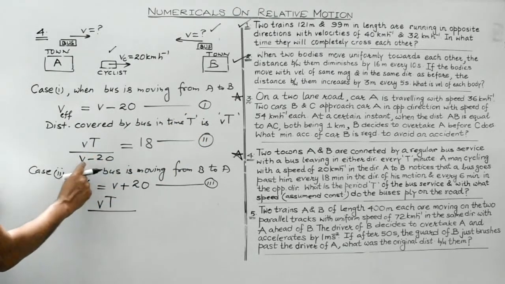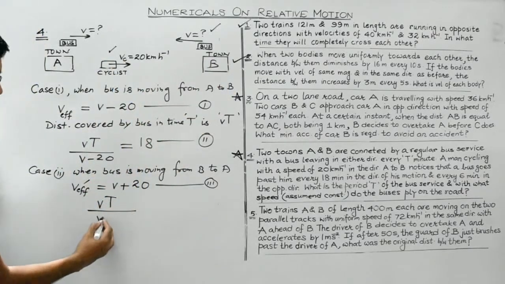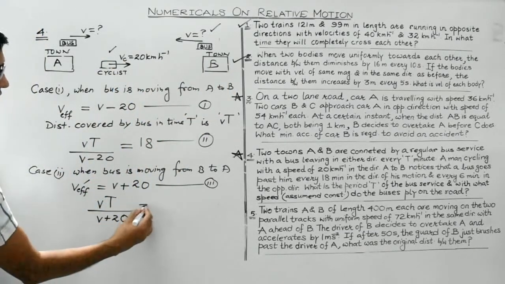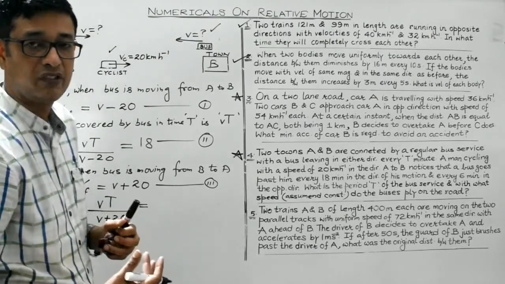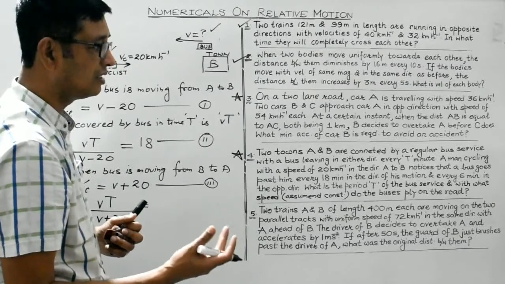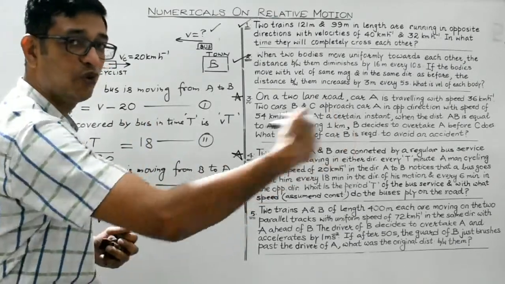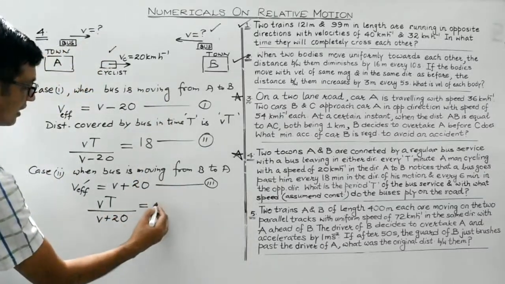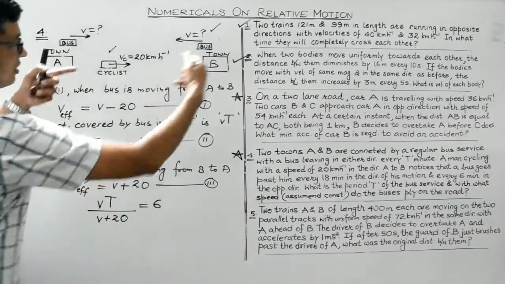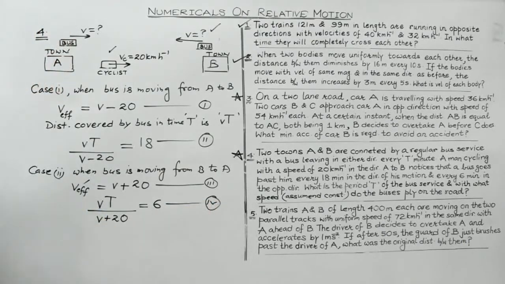What is the effective speed now? In case of opposite direction, it is V plus 20. And the time interval at which the cyclist notices the bus going past him is 6 when they are moving in the opposite direction. So this is equation 4.